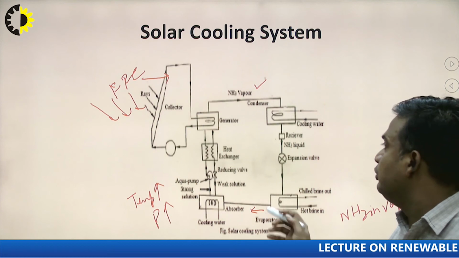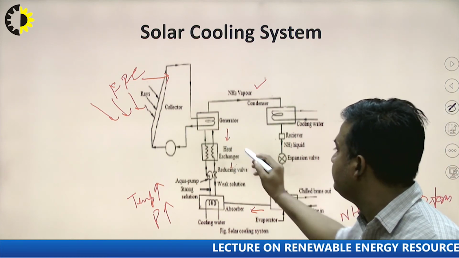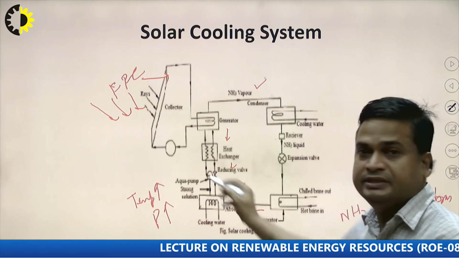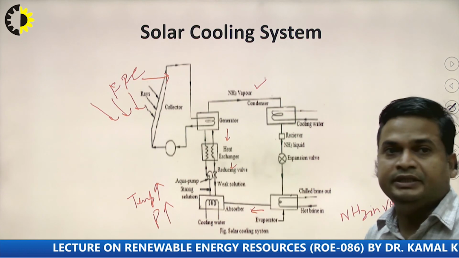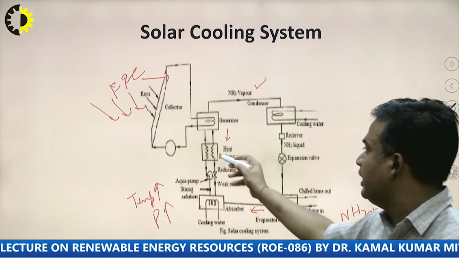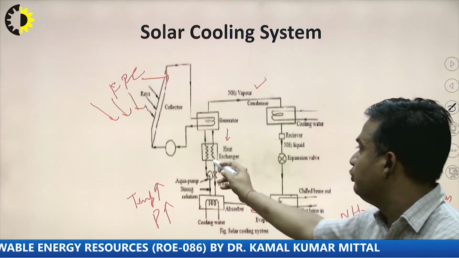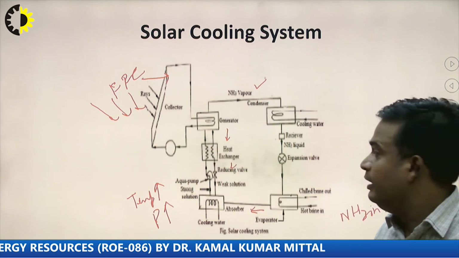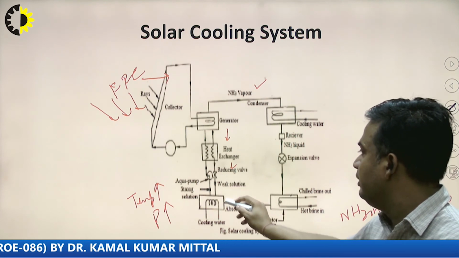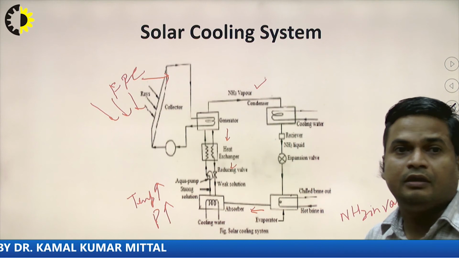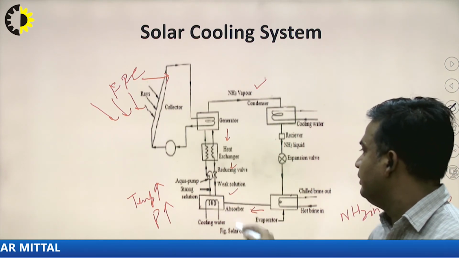The weak solution from this region flows in a downward direction, and here a heat exchanger is there. This weak solution has some energy, and this energy can be utilized to increase the temperature of the aqua ammonia solution. Then the weak solution passes through a reducing valve and is transferred to the absorber area.